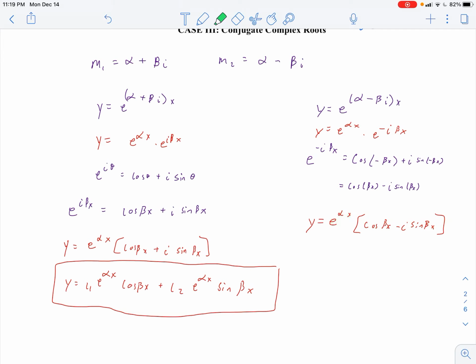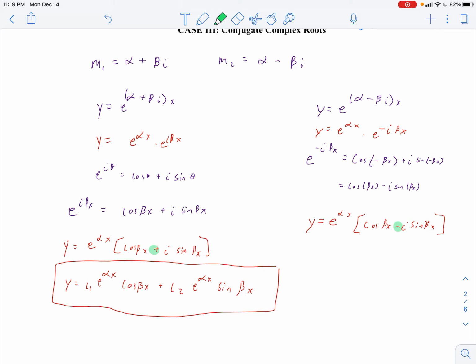Now, if we expanded this formula to make it look like the formula on the left-hand side, notice that e to the alpha x cosine beta x is going to be the same. And then instead of having plus, you have minus i sine beta x. Well, remember that minus i is a number. Even though it's imaginary, it's a number.